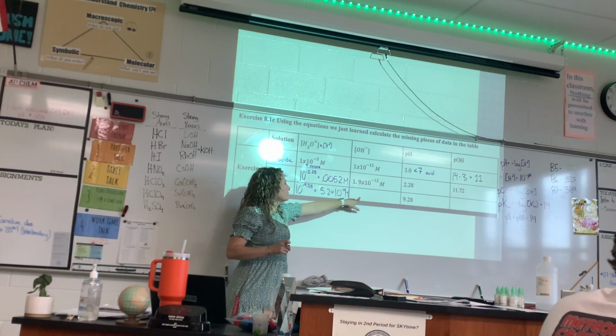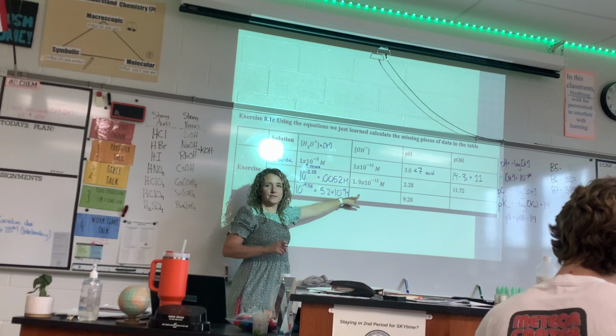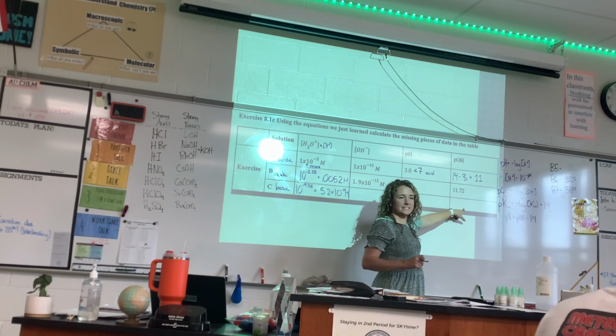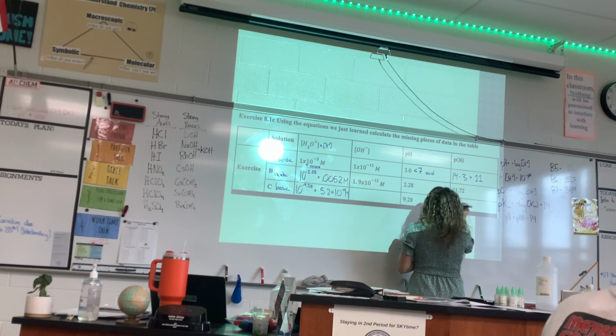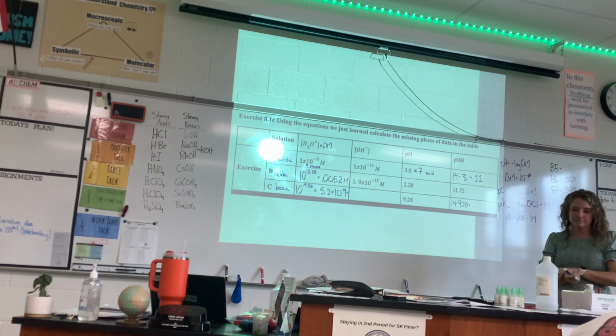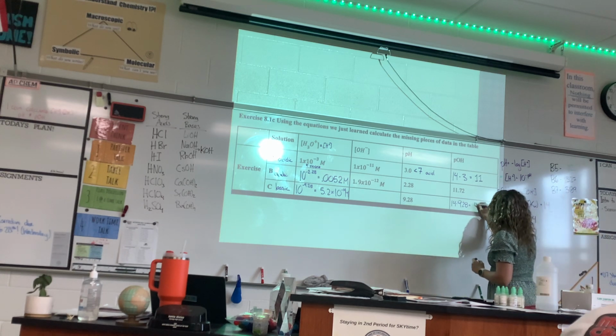Now, this one I could find with what I have, but I'm going to move to this one because this one feels easier. Because this one I can just do 14 minus my pH. Right, so 4.72.